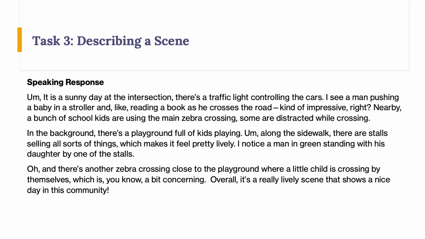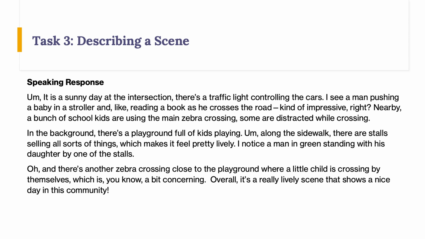It is a sunny day at the intersection. There's a traffic light controlling the cars. I see a man pushing a baby in a stroller and reading a book as he crosses the road. Kind of impressive, right? Nearby, a bunch of school kids are using the main zebra crossing. Some are distracted while crossing. In the background, there's a playground full of kids playing.